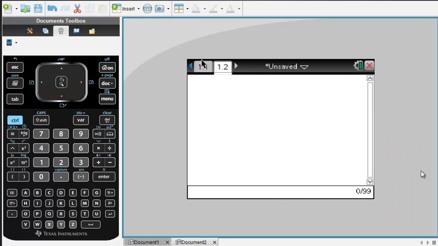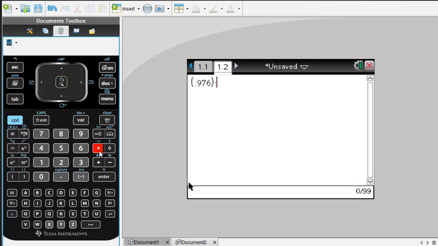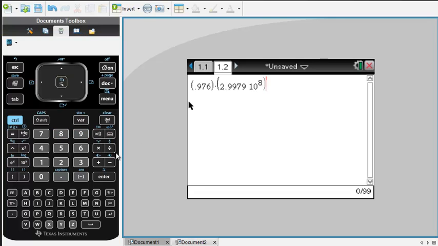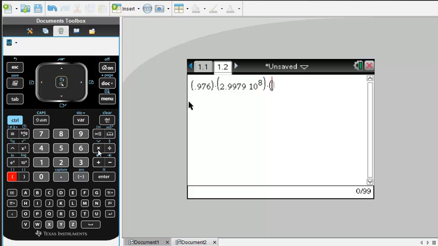So we've got 0.976 times speed of light, which is 2.9979 times 10 to the 8th. Okay. And then we're going to multiply that by the mass of the proton, which is 1.67265 times 10 to the negative 27th.